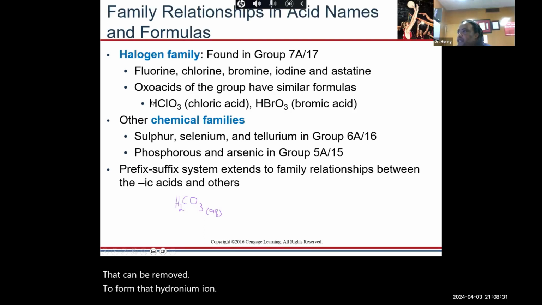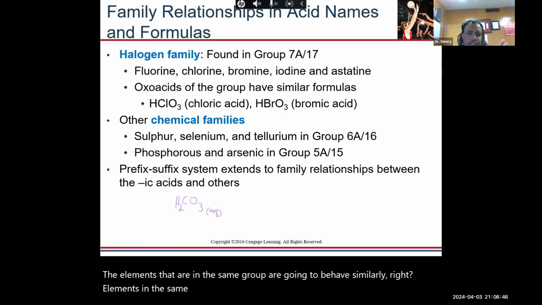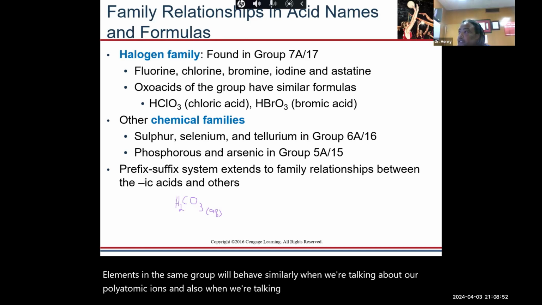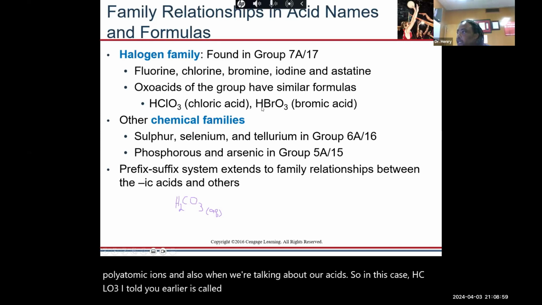Okay, so since I told you already, when we talk about groups, the elements that are in the same group are going to behave similarly, right? Elements in the same group will behave similarly when we're talking about our polyatomic ions and also when we're talking about our acids. So in this case, HClO3, I told you earlier, is called chloric acid. So HBrO3 is called bromic acid.